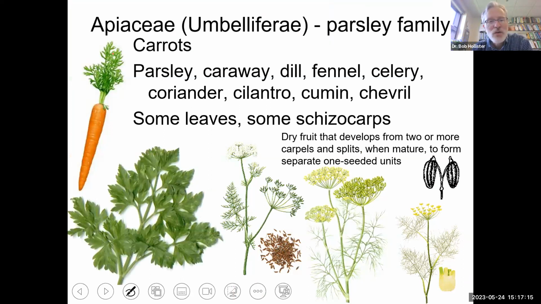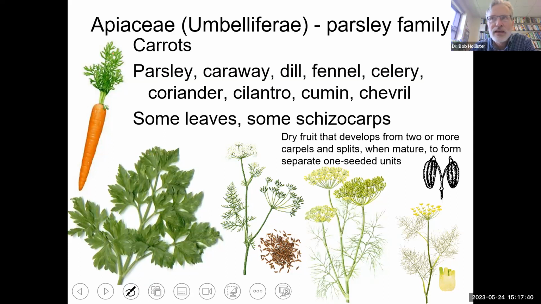Apiaceae also happens to be the parsley family. So there's a lot of herbs that we eat. Herb is kind of a generic term for smelly, leafy parts that we eat, and usually we think of eating them in small doses.